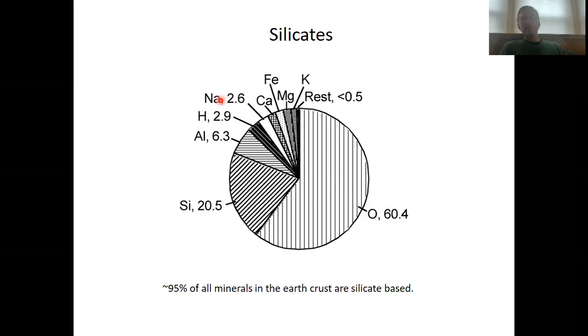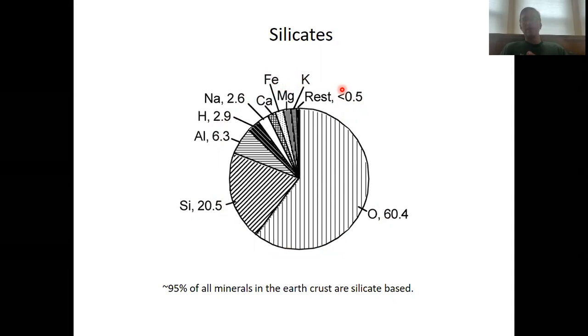The other relatively abundant elements are sodium with 2.6%, then calcium, iron, magnesium, and potassium. All these 9 elements together make up 99.5% of the Earth's crust.